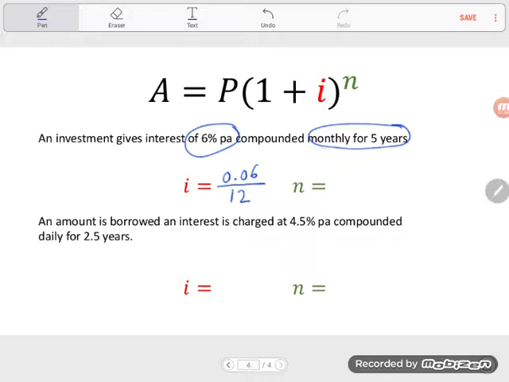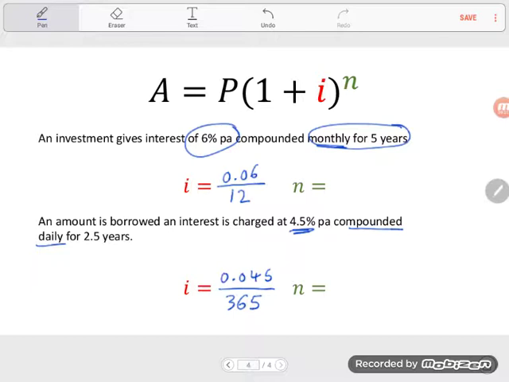But because this is monthly and you have 12 months in a year, you've got to divide your interest rate by 12. Same for this one down here, 0.045, 4.5% as a decimal. This is compounding daily for 2.5 years, so we divide by the number of days in a year, 365.